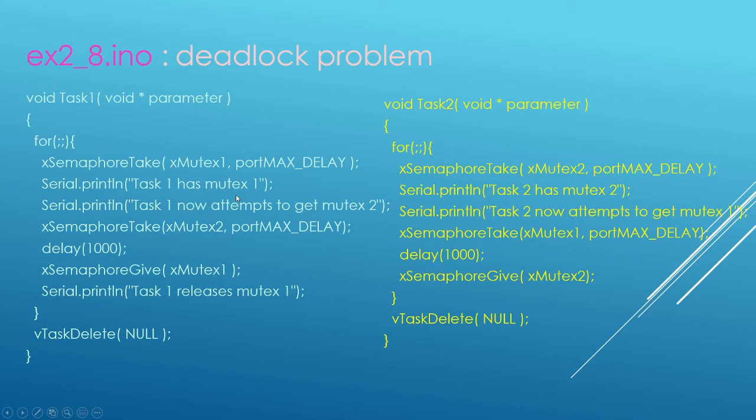So this happens when task 1 has mutex 1 and task 2 has mutex 2. Okay, but this task wants to get this mutex 1. Okay, so task 1 holds the resource and wants to get the resource from task 2. At the same time, task 2 holds its resource and wants to get the resource from task 1. So that results in deadlock.